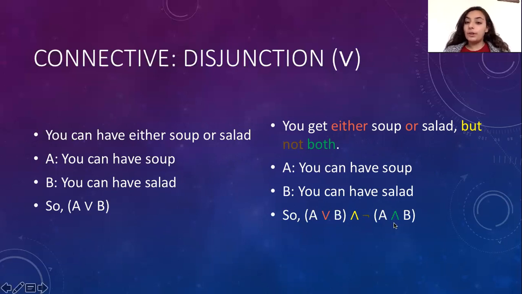Both, we know that's also a conjunction from the previous slide, and we could just put both ideas together, right? A conjunction B. So you can have either or, but you can't have both together. You can't have salad and soup together. And so that's why there's the negation there, and it's the conjunction, which is showing both together.